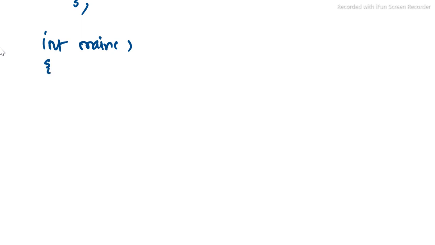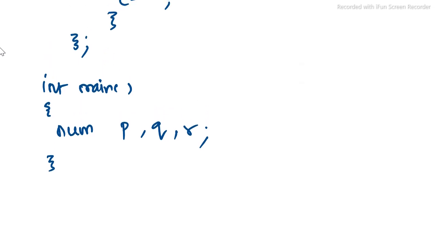Inside the main function we declare the objects P, Q, and R; three objects we create. Another important thing: as we have taken the c variable as static, we need to define the static variable outside the class.